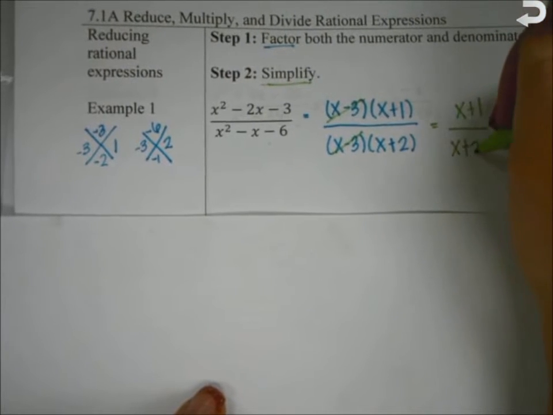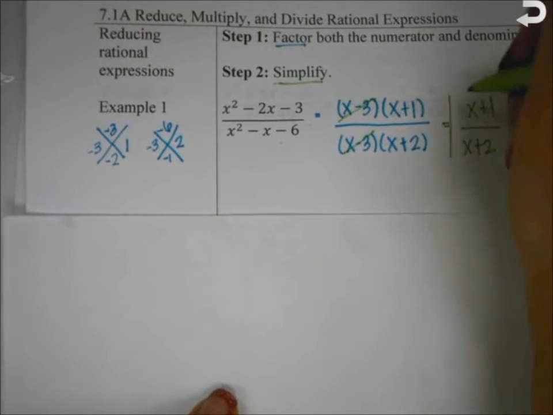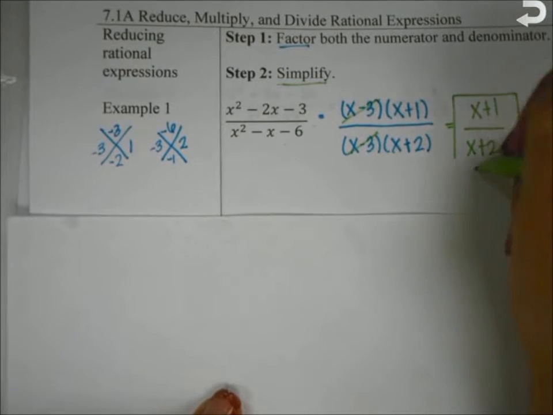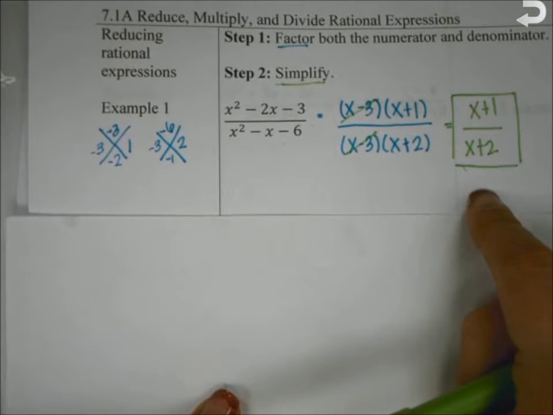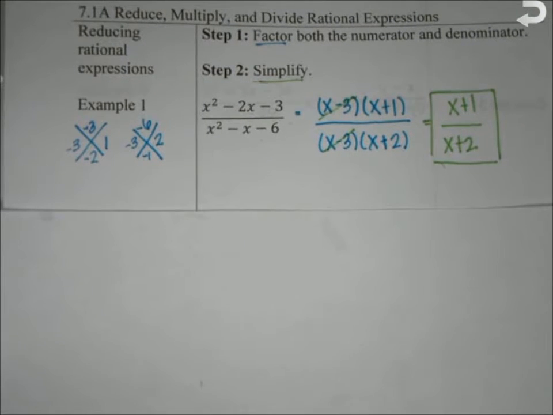Can I cancel those x's? No, why not? Because it's part of the addition, right? So this is my answer, x plus 1 over x plus 2. And that's it. Okay? Questions on that one? Pretty easy?